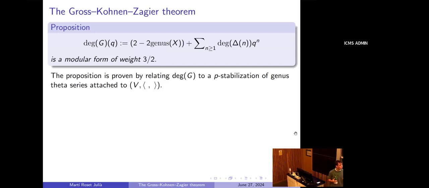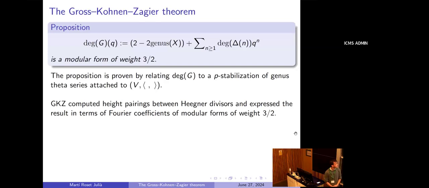But the observation of Gross, Kohnen and Zagier at that time was that we can do a lot more things with the divisors than calculating their degrees. So what they did is they computed height pairings between differences of these Heegner divisors and managed to obtain the result in terms of Fourier coefficients of also modular forms of weight 3/2.